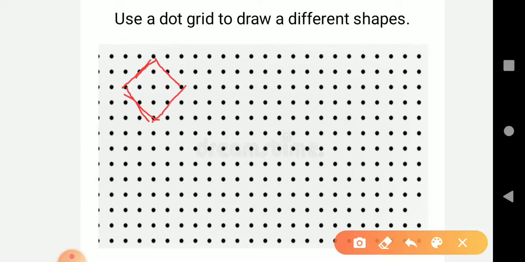When we join the dots with each other, it is easy to form the shape. Okay, if you want to draw a square, then it is also easy.